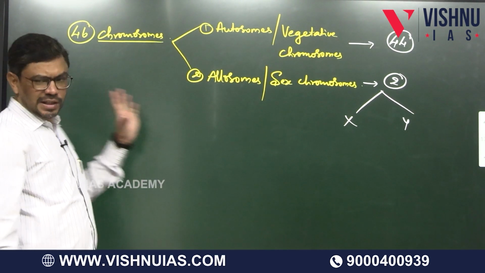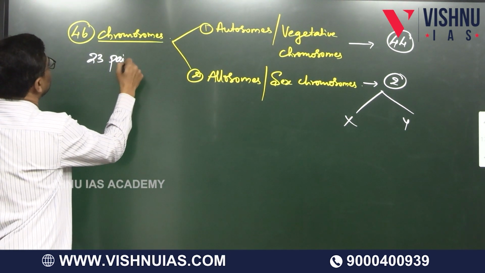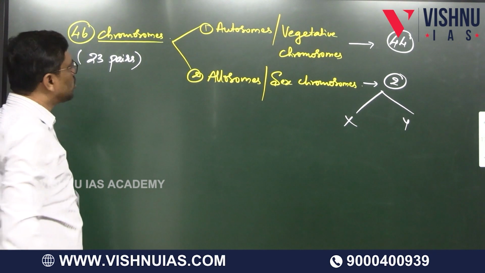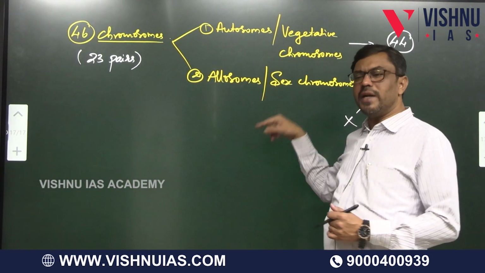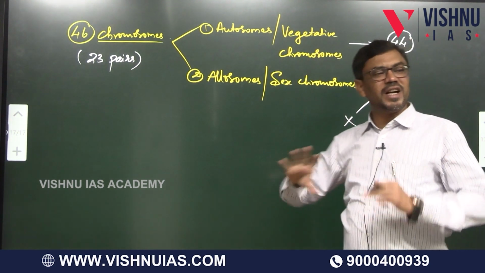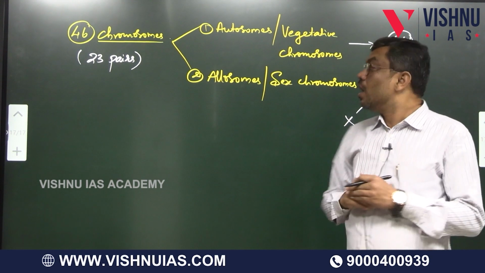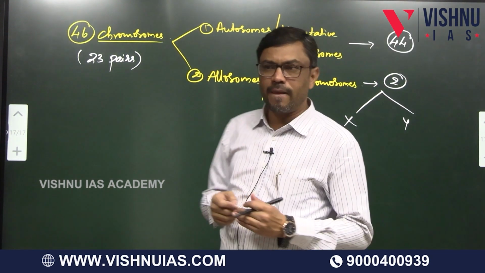So, totally 46 chromosomes are present. They exist as 23 pairs. And these 46 chromosomes can be classified into two categories, autosome and allosome. These autosomes are called vegetative chromosomes. They control the vegetative characters. And allosomes are sex chromosomes, they control the sexual characters, right.